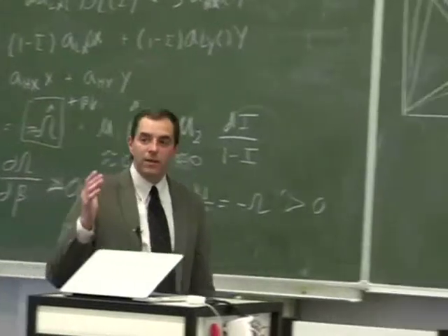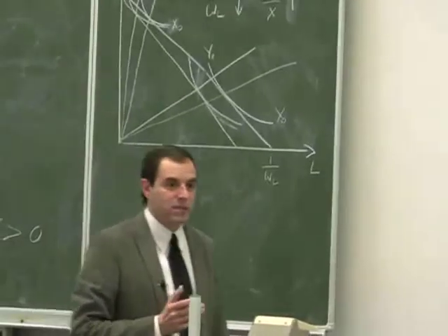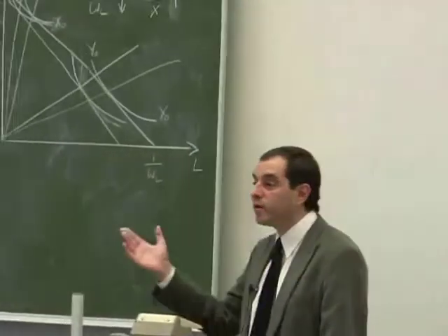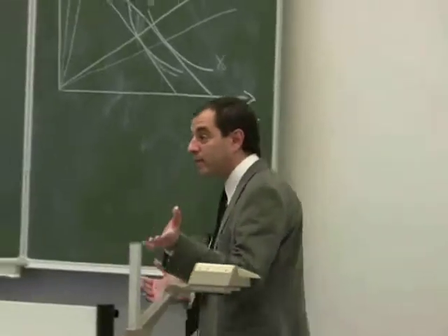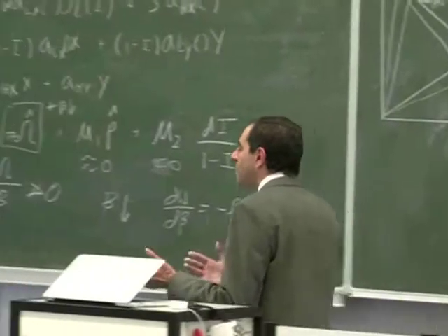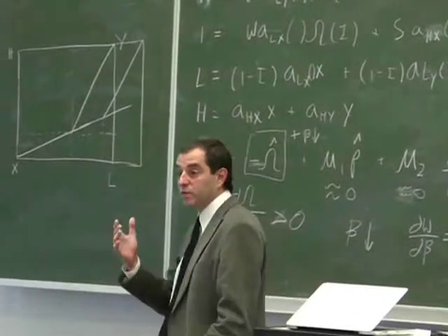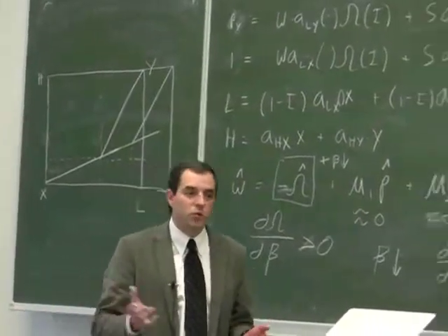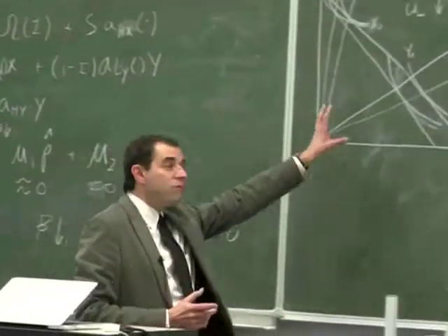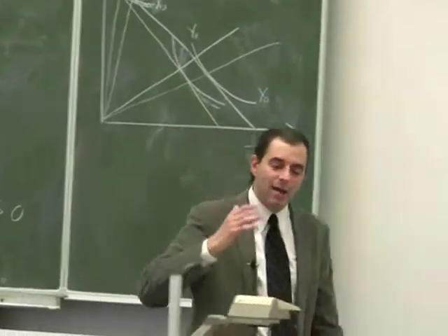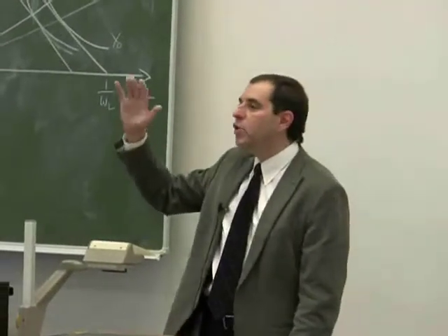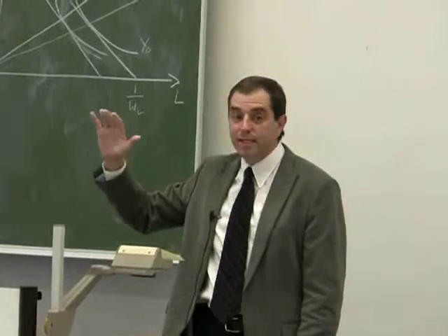Whereas a Ricardian model is about differences in technology. One country has a comparative advantage in making this, and one has a comparative advantage in making that. It's not coming from endowments; it's coming from differences in skills or differences in the things they use to produce that. And this movement, this change in beta, is like a Ricardian model in the sense that you have a comparative advantage in non-routine tasks.